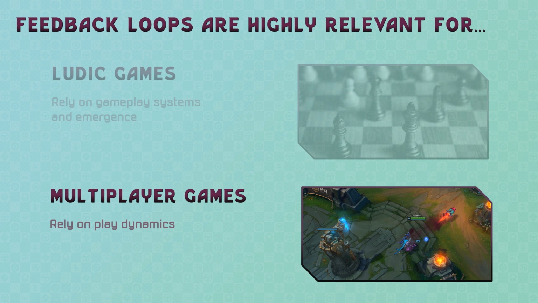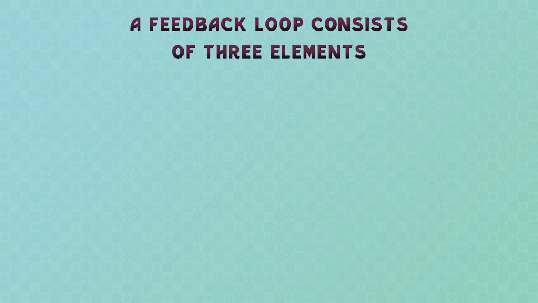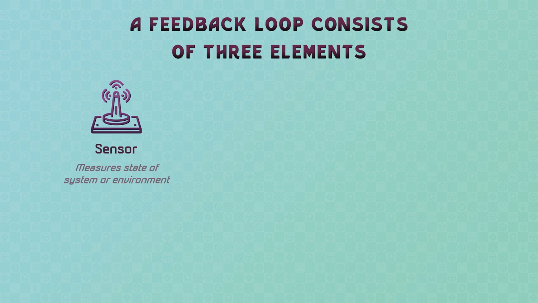Okay, now that we know why we should care about feedback loops and when they're particularly important, let's think about how feedback loops are structured. The basic cybernetic feedback loop consists of three different parts. First of all, there is a sensor, and that sensor measures either the state of the system itself or the state of its environment.